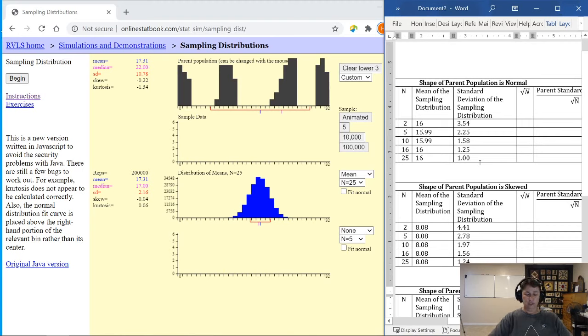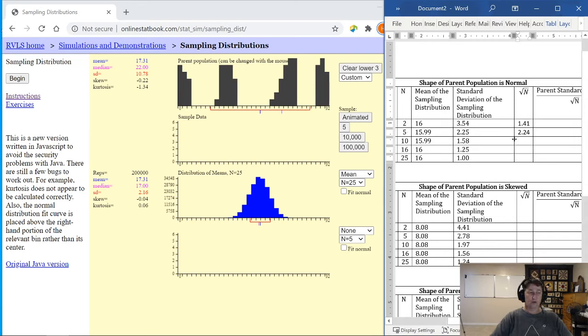So what we're going to do is find the square root of our sample size. So this square root of n, I'm just going to take the square root of this 2 and see what it is. On my little calculator, you can do it on your calculator, the square root of 2 is about 1.41. Then the square root of 5 is 2.24.